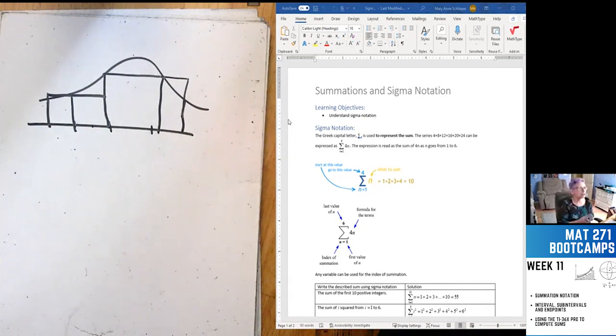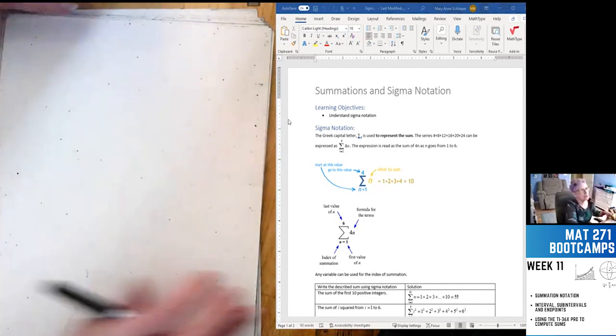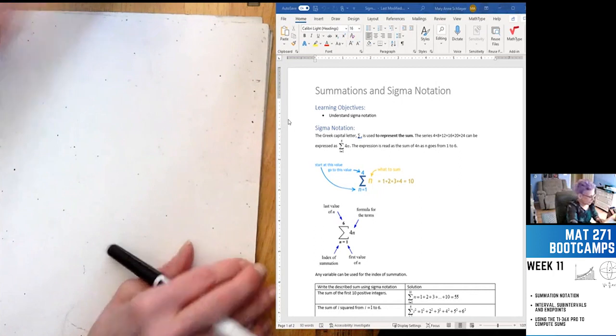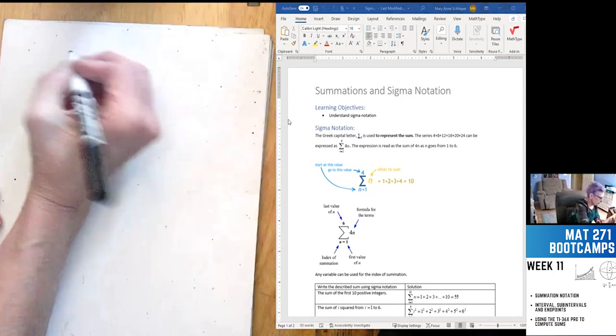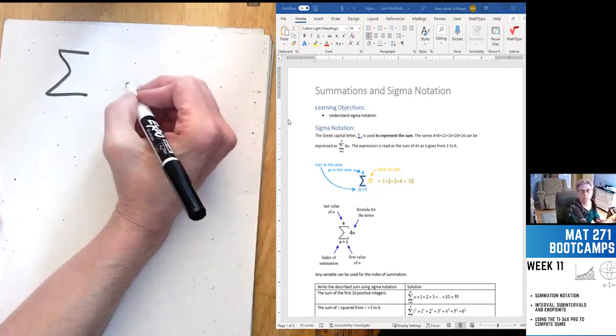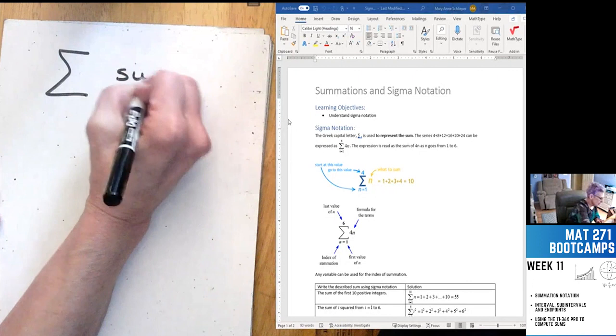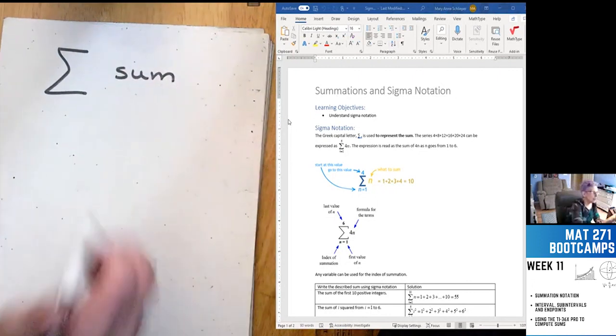We add up a whole bunch of areas. So we like to use shortcuts, which is the sigma or summation notation. So you may or may not have seen it ever before. This big sigma just means add up a bunch of numbers. It stands for sum, S for sum.